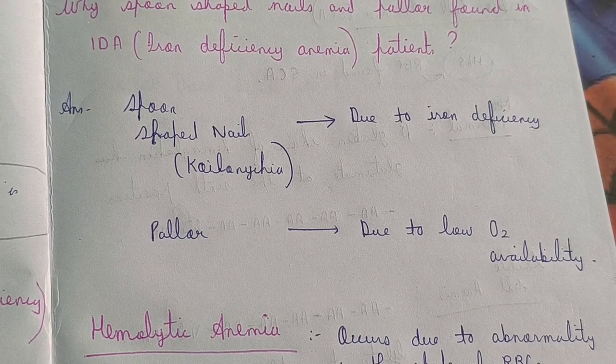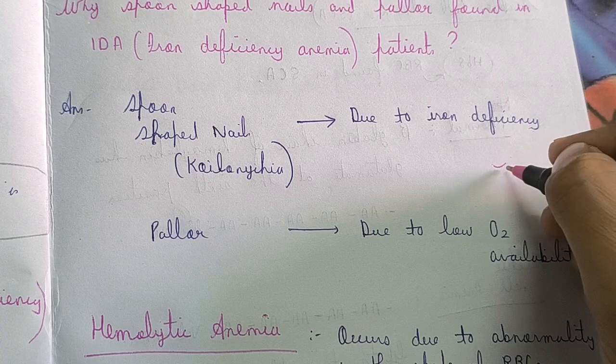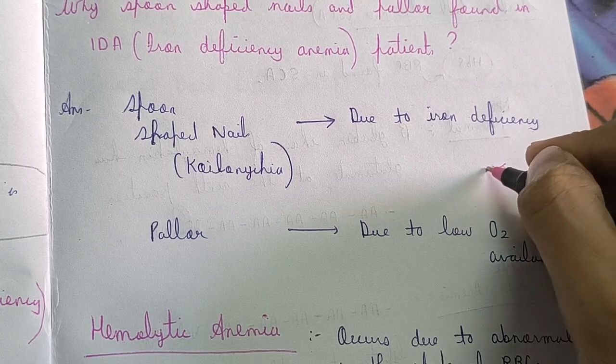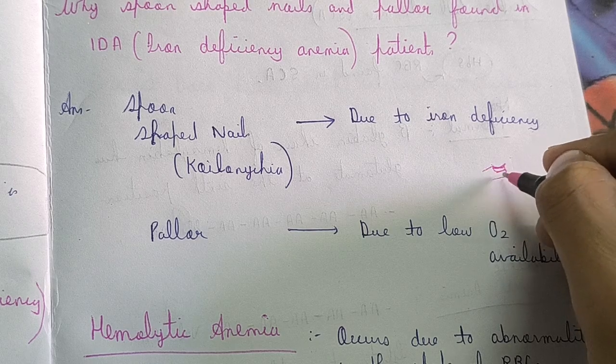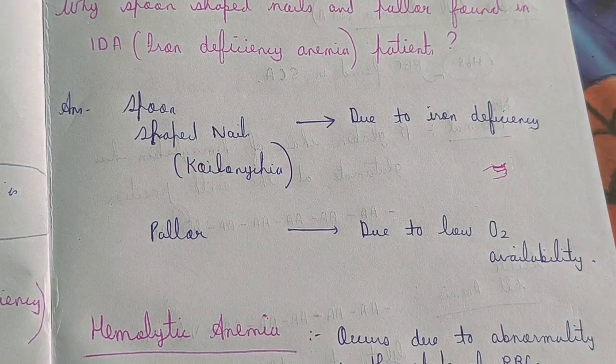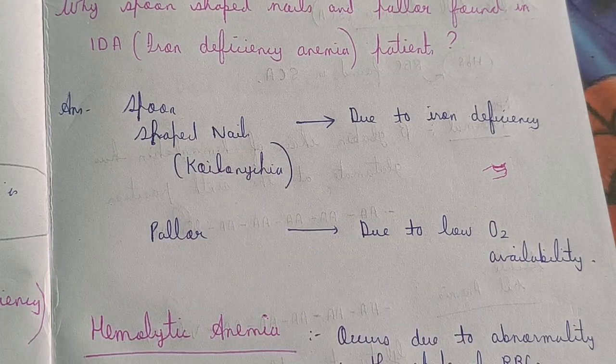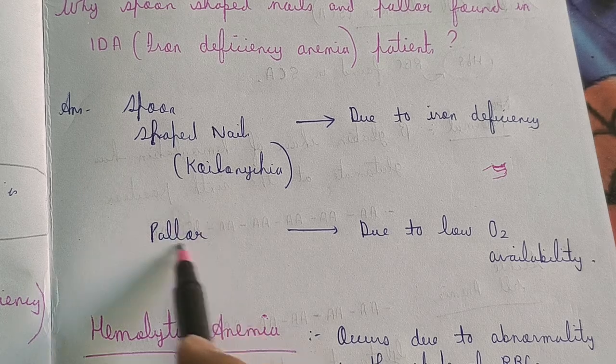The nail bed becomes like a spoon, so it is known as spoon-shaped nails, or koilonychia. Pallor is also found in the lower palpebral conjunctiva, and this pallor is also due to low oxygen availability.